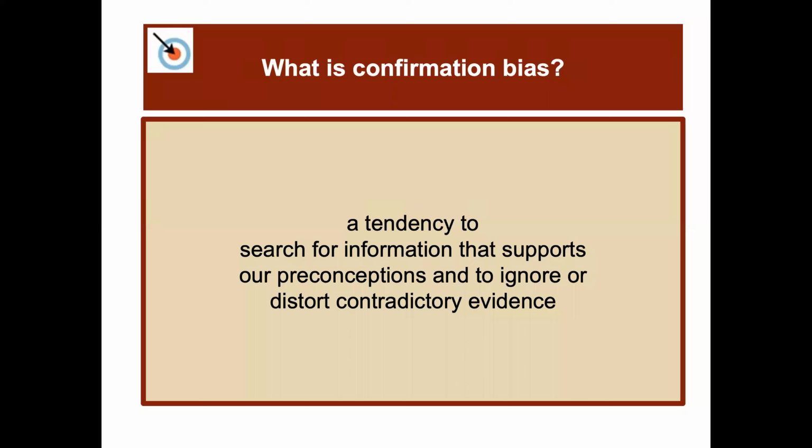Happens all the time. I continuously try not to fall prey to this cognitive distortion, but it happens to me as well. And I am fascinated by how much it unfolds within social media, right? That we seek out only information that supports our own biases, and we sort of ignore or distort contradictory evidence.